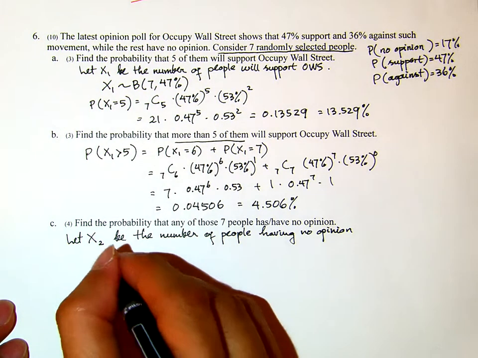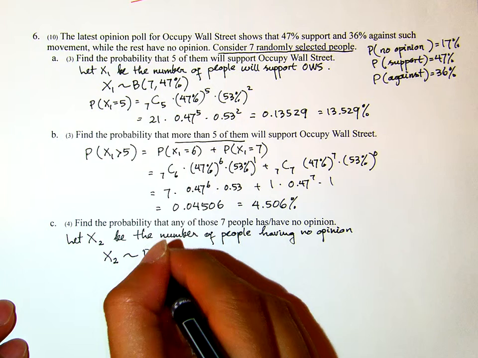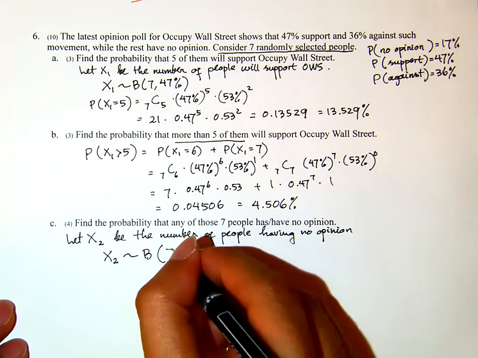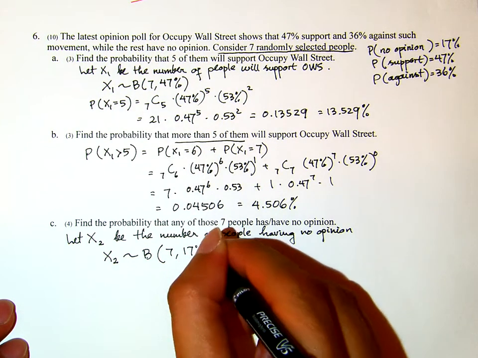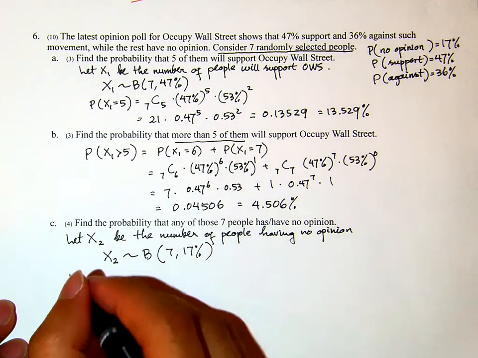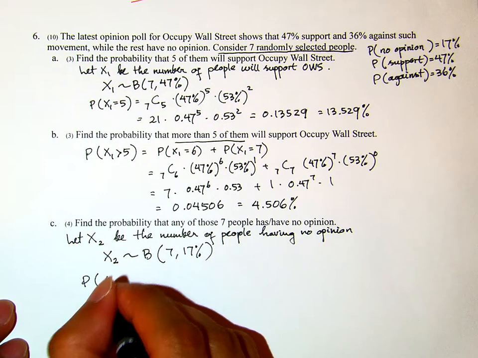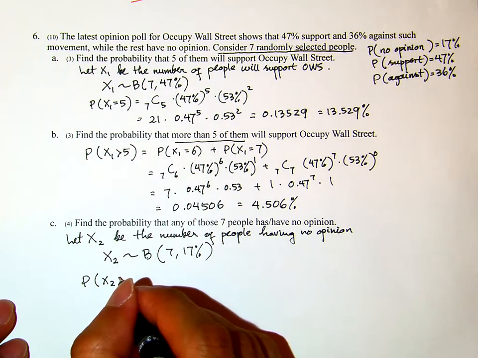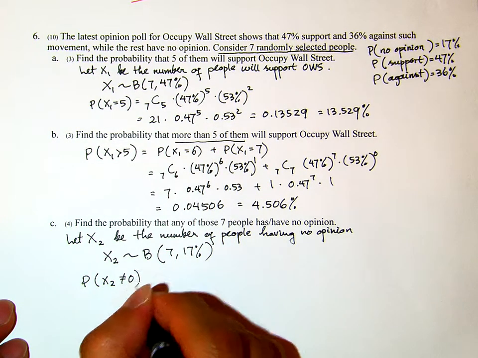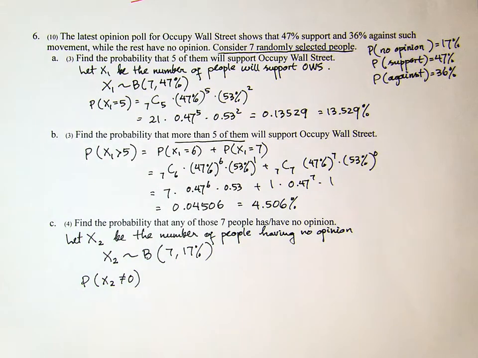This random variable is binomially distributed with 7 trials, but the probability that any one of them has no opinion is 17%. The question is to find the probability that any of those has no opinion, meaning x2 is not equal to 0. It's either 1, 2, 3, 4, or even up to 7, but not 0.